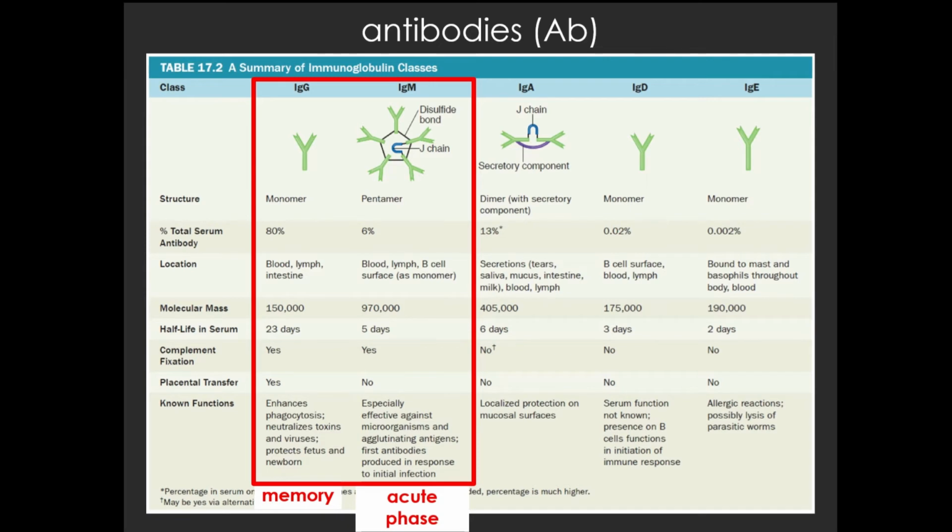The other important aspect of these two immunoglobulins is whether or not they can be transferred from the maternal circulation through the placenta into the fetus, and the only one of all 5 of these immunoglobulins that's capable of doing that is IgG.